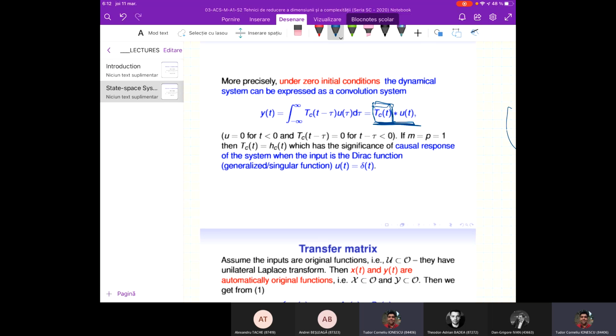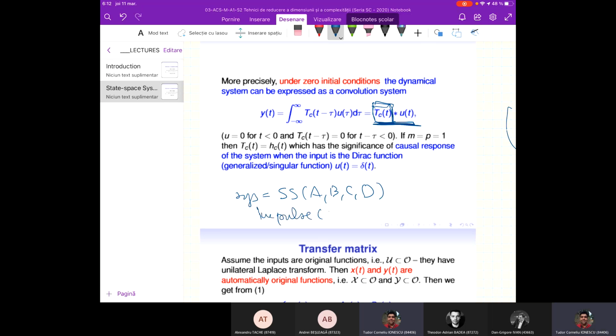Use the SS function to build your system. SS of A, B, C, D is computing this system, x dot equals Ax plus Bu, y equals Cx plus Du. And you take the impulse. Imagine you give an impulse. This is your system.